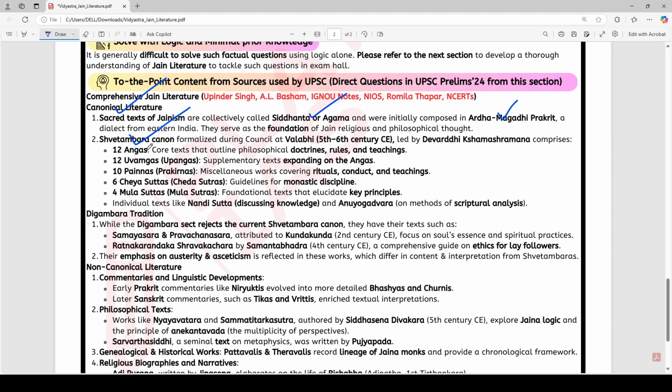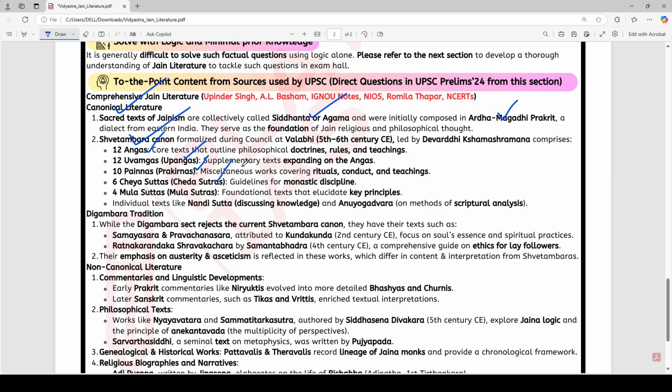Anga: the word ang means limb or part, meaning 12 parts. Upanga means 12 subparts. Prakirnas means what is left apart from that, the miscellaneous. Then we come to Chheda Sutras. The word Ched means separation.